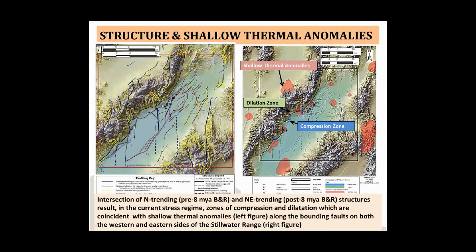We cross-correlated the structural map with the shallow thermal anomalies that were identified in the area, shown as red blobs. And what we found is where the north-south structures cross the northeast structure created by the Basin and Range faulting, we had both compression and dilation zones, and those zones correlated to the shallow thermal anomalies. We hypothesized that the shallow thermal anomalies were coming up into the dilation zones.